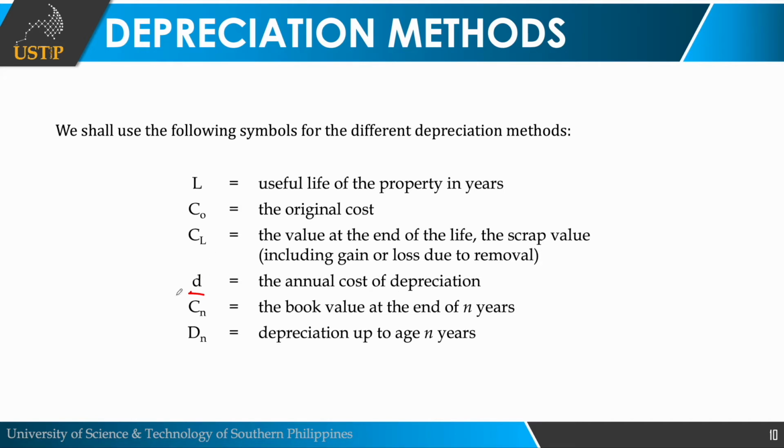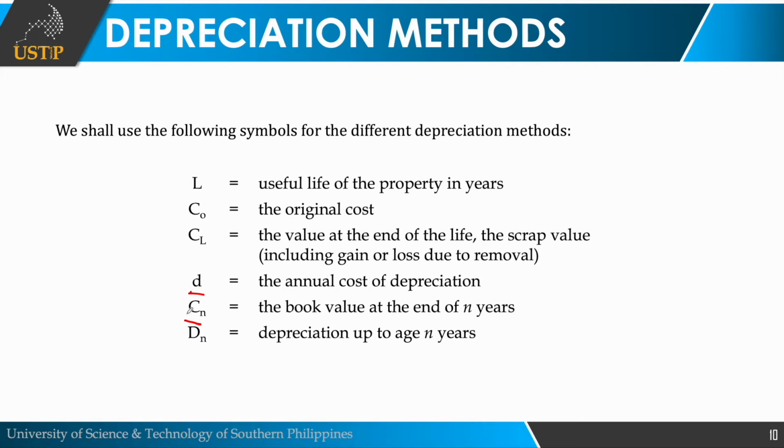We have C sub N here. This is the book value at the end of N years. So in the example with 10 years of useful life, for example, we are asked to find the book value at the end of say 3 years. So you look for C sub 3. So what is your book value at the end of 3 years?